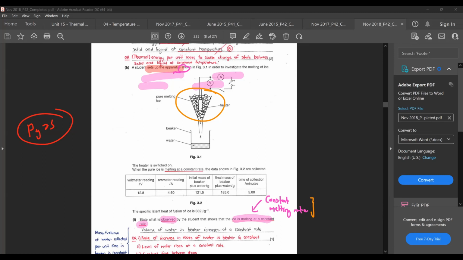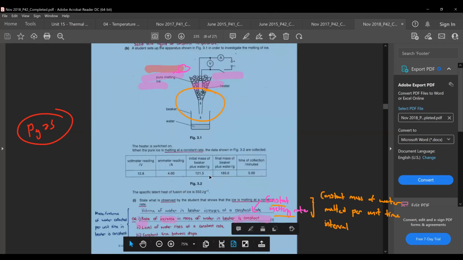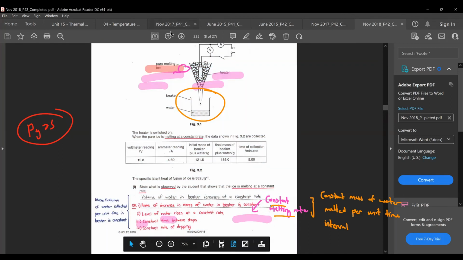You should have a constant mass of water melted and collected, a constant mass of water per unit time interval. When you have a constant melting rate, it implies you should have a constant mass of water melted per unit time interval. All right, so this is basically something that you should observe when your ice is melting at a constant rate.